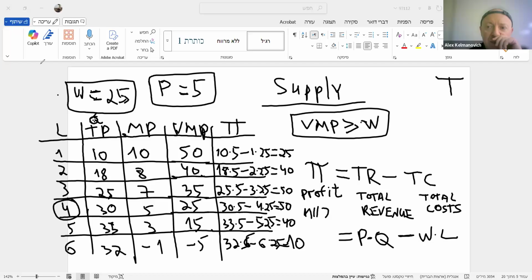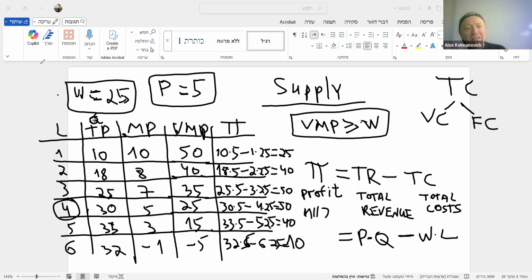We have two types of cost. We have variable cost, VC, and we have fixed cost. So variable cost in our case is the wage of labors.